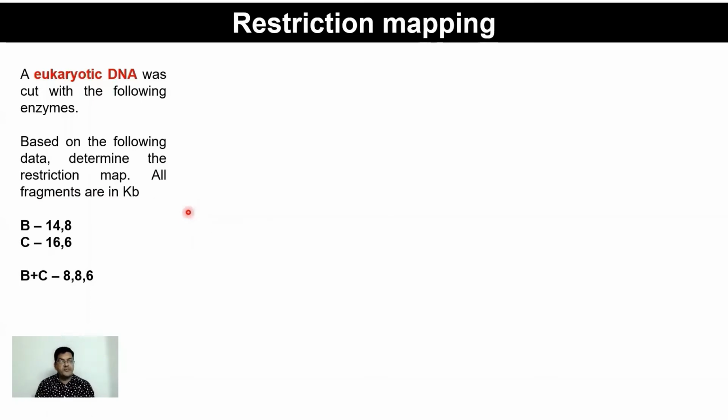So now based on this, we have to draw a restriction map for this particular banding pattern observed on agarose gel electrophoresis. So the first thing that you need to decide is whether your DNA is linear or circular. In this case, it is clearly mentioned as eukaryotic DNA, and unless explicitly mentioned that you're referring to mitochondrial DNA or chloroplast DNA, the DNA can be taken by default to be linear because this is coming from the nucleus.